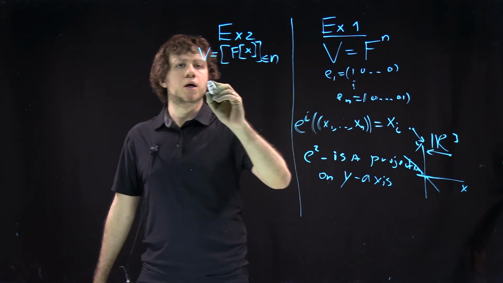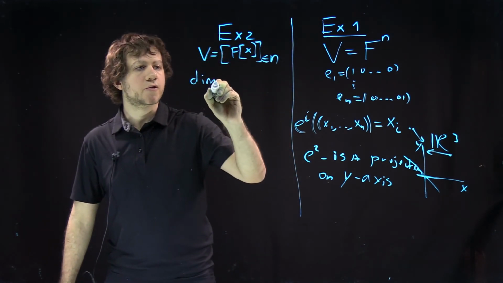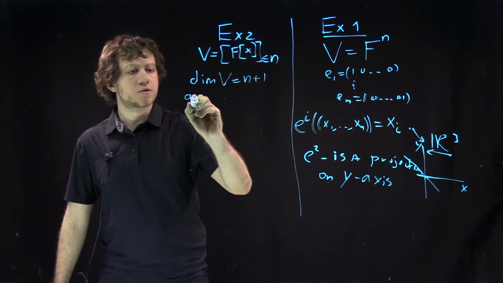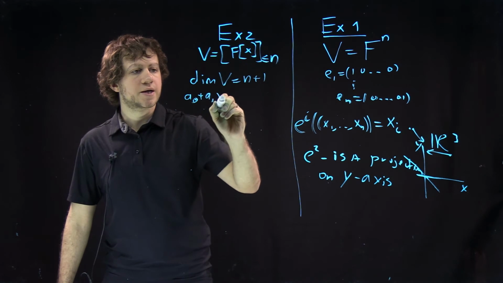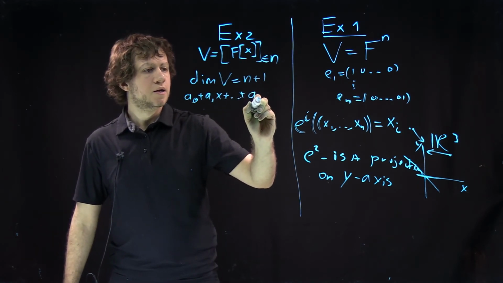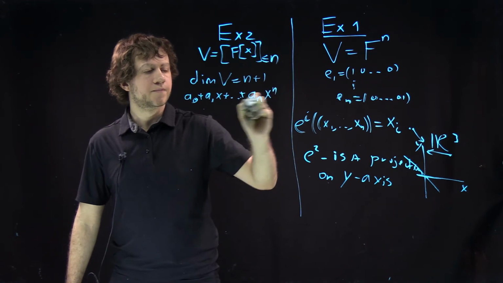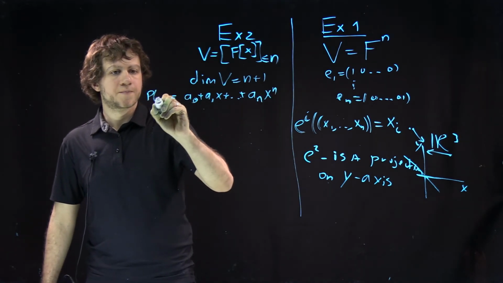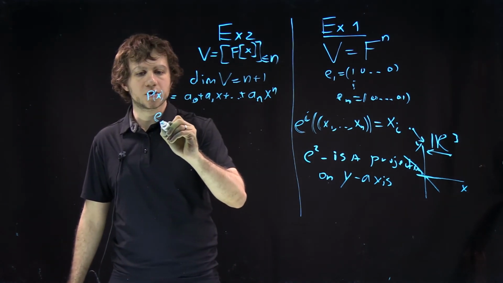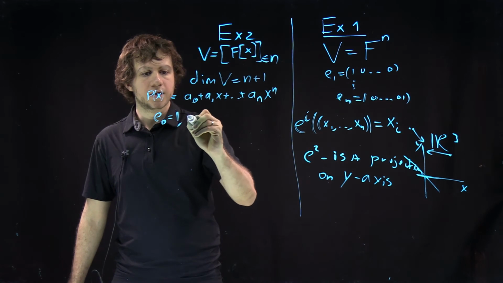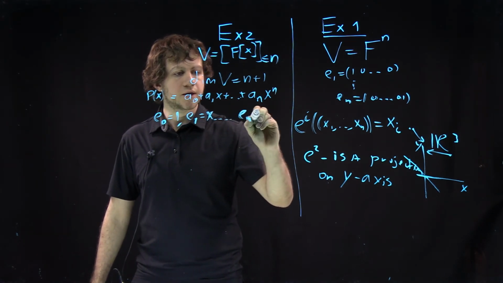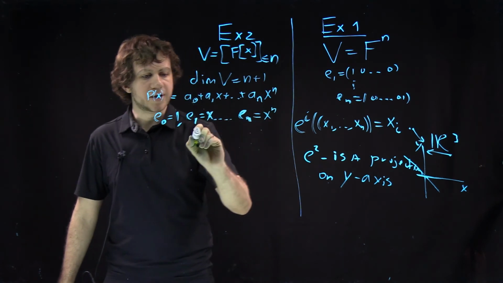So the dimension, as you probably already remember, is n plus 1, and these are polynomials a0 plus a1x plus and so on, plus an x to the n, which is p of x. So of course we know that e0 equal to 1, e1 equal to x, and so on, en equal to x to the n is a basis.